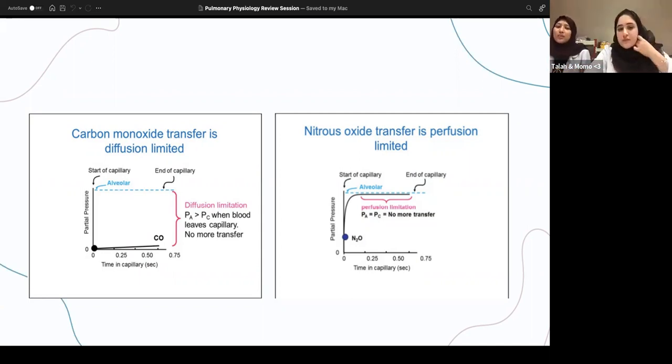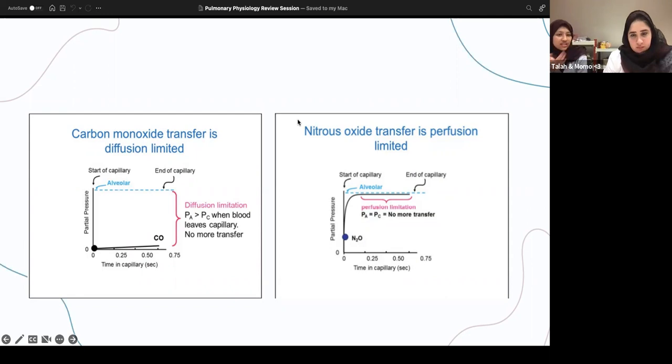Someone asked, but partial pressure of oxygen is only produced by dissolved molecules. Yes, dissolved. But oxygen can also bind to hemoglobin to be transported, like the carbon monoxide that is bound there. It takes up that space.